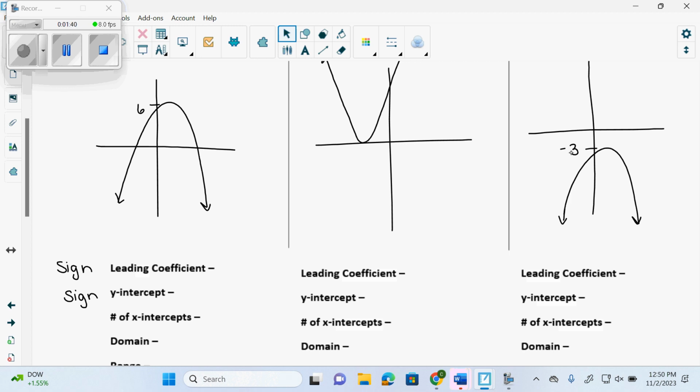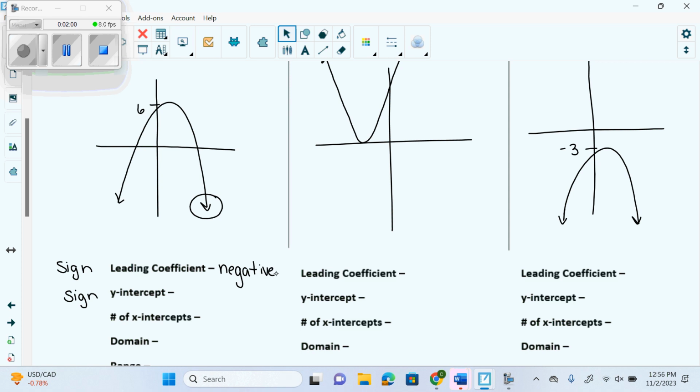Try them all out. So I wrote the sign of the leading coefficient. Where do we look for the sign of the leading coefficient? How it ends on the right. Yes. So this one here ended down, so it is a negative leading coefficient.